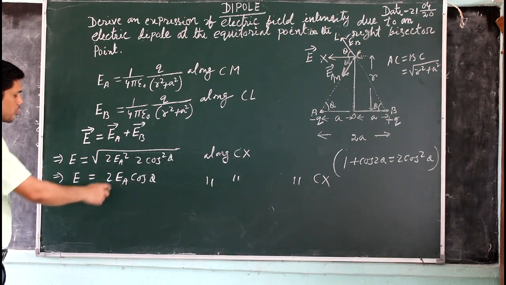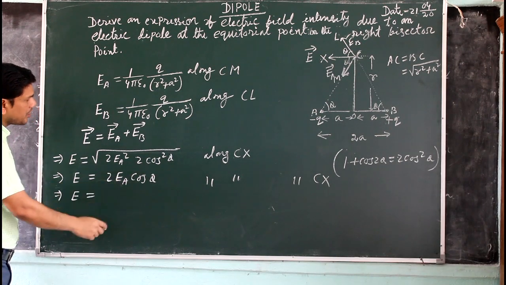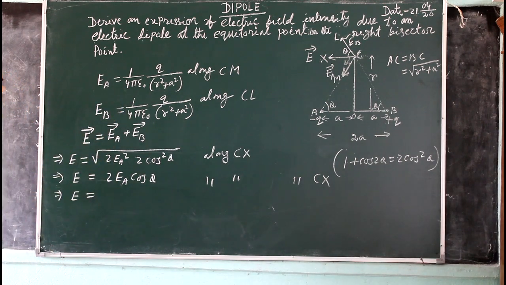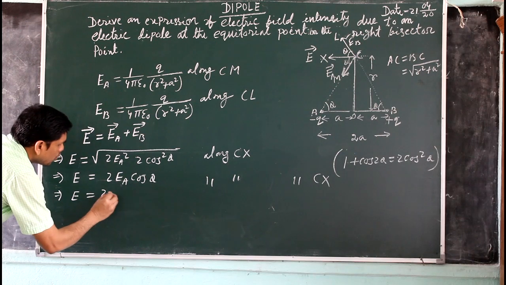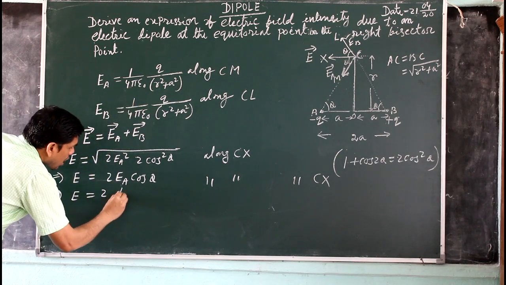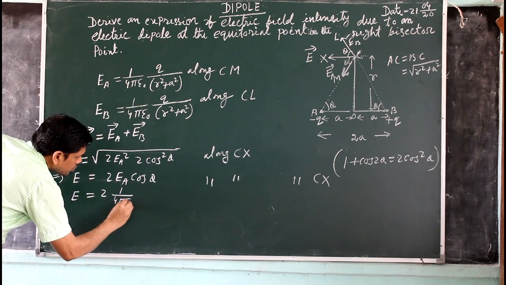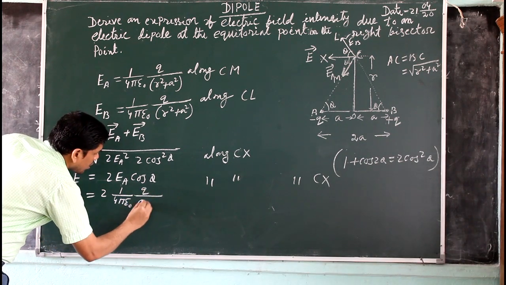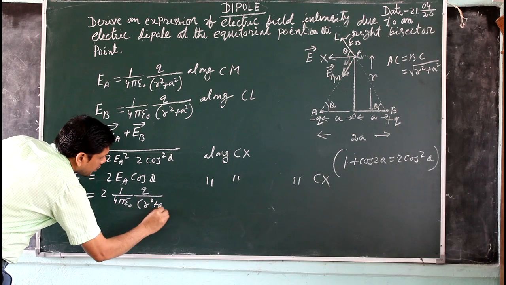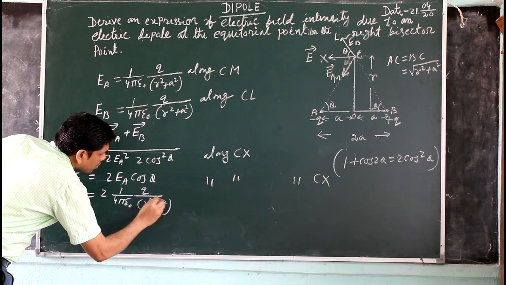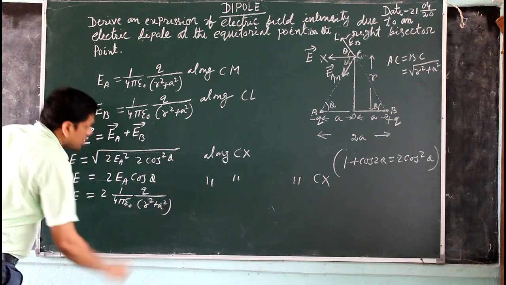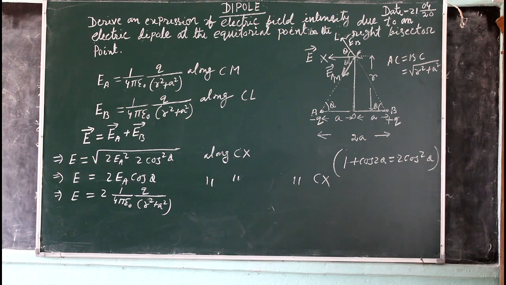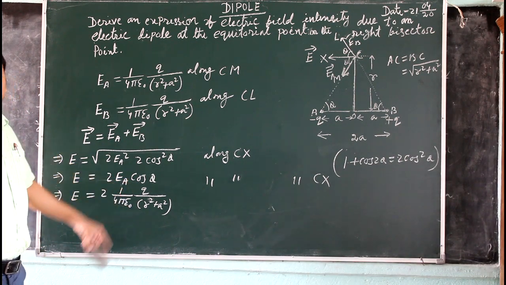Now we have to put the value of A by using this equation: 2 into 1 by 4 pi epsilon naught q by r square plus a square. Now we have to find the value of cos theta.